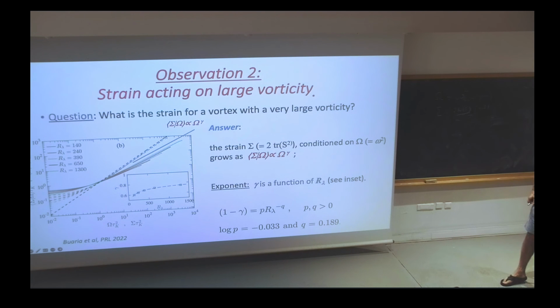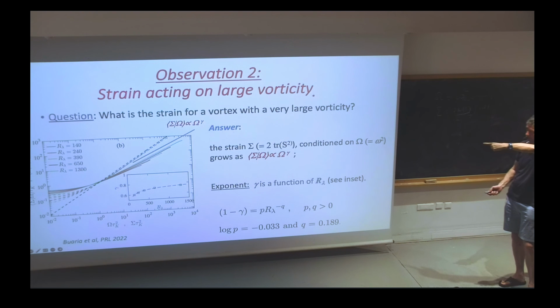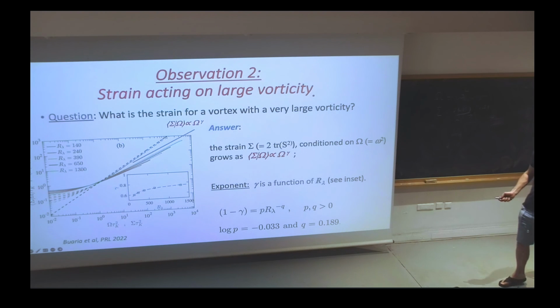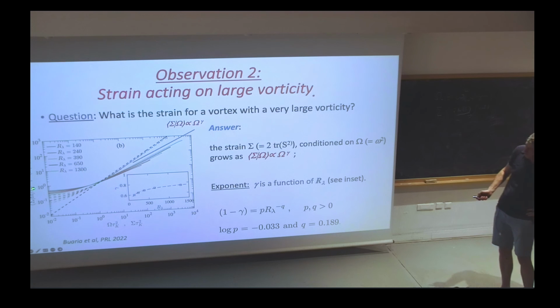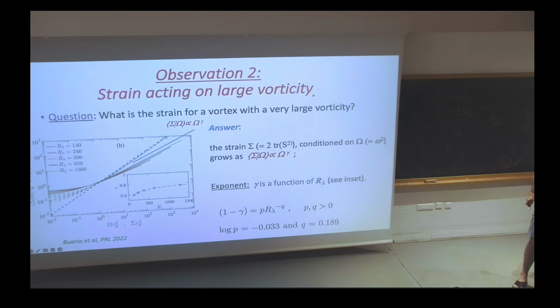This is a possible rescaling of the histograms of vorticity and strain with this law of growth of sigma on omega. This one's surprising, I'd say. Incidentally, notice that if you condition omega on strain, that one grows with power 1, so that one grows in a much less surprising manner. But this one is the one that behaves in an unexpected way.